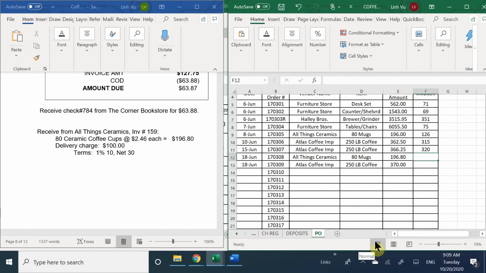Yes, we had a purchase order on June 18th. Perfect. So now that we are in here, we can go ahead and claim that we finally received it with the invoice number 159. Okay.